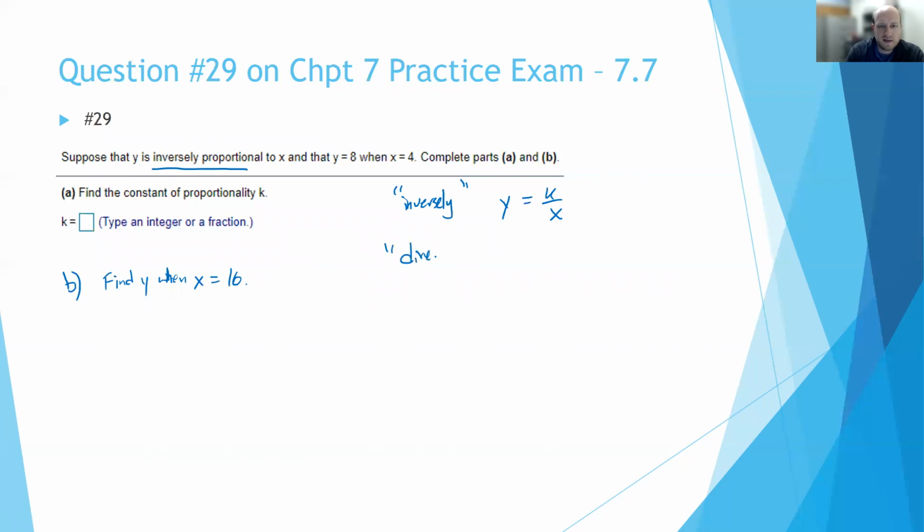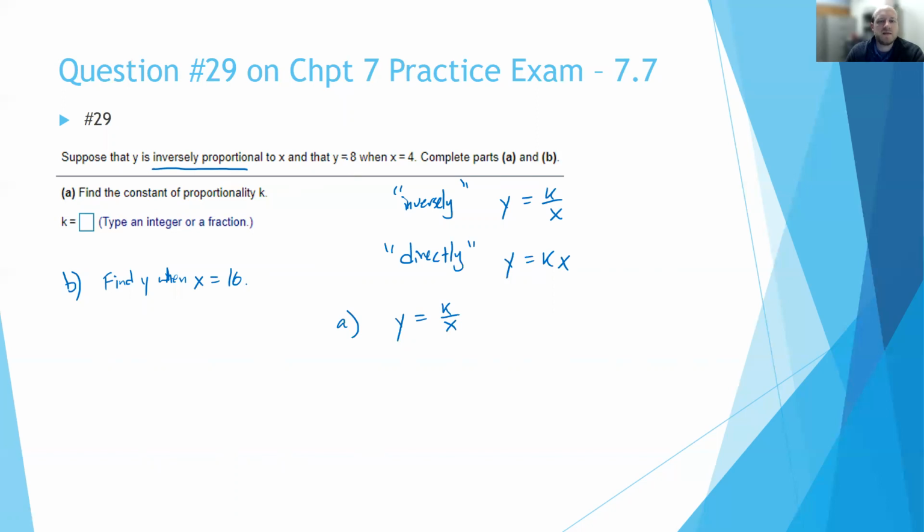And the other one, when it is directly proportional, would be y equals k times x. So in part A here, when we're finding this constant of proportionality k, it's inversely proportional, so I'm using y equals k over x as my base formula, if you will.